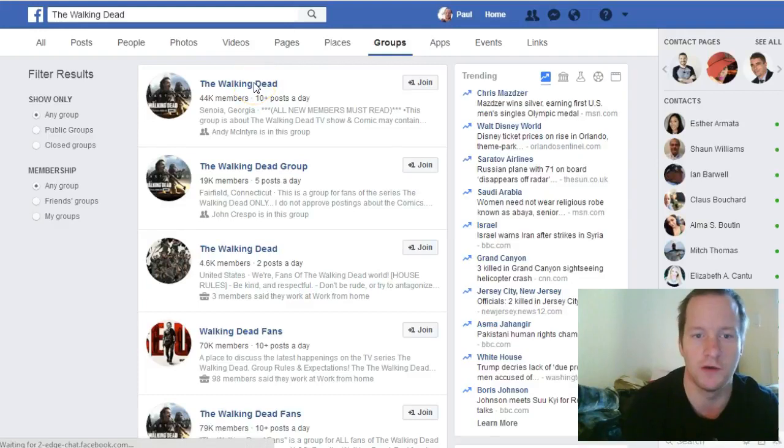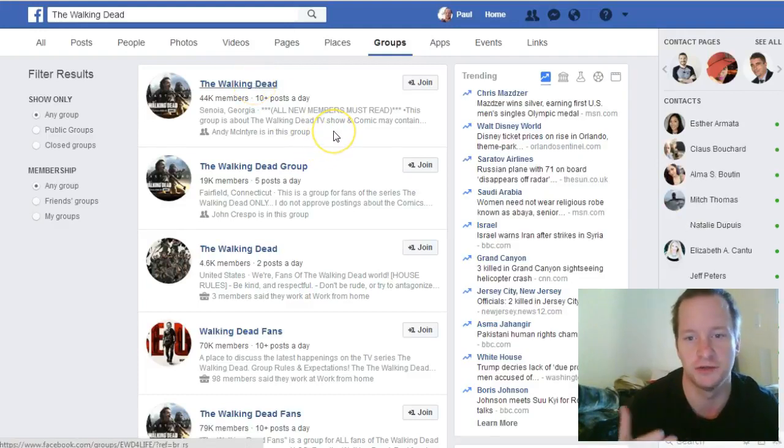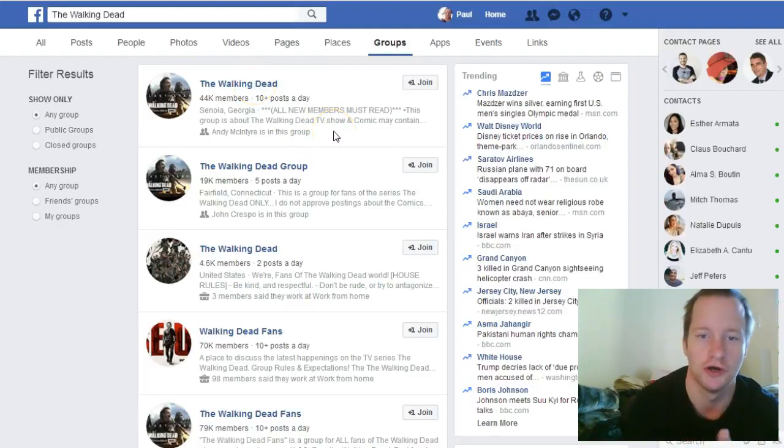Okay, so when we decide to actually use this as a shirt, we will be joining as many of these groups as we can. But right now we're just trying to see how many members are in each group, if it's a popular group. So what we can see is there are quite a few groups involved with The Walking Dead. We got this main one right here that has over 44,000 members.